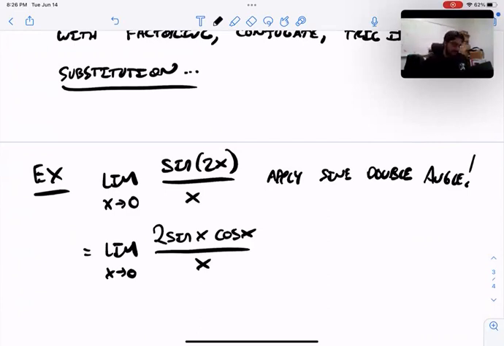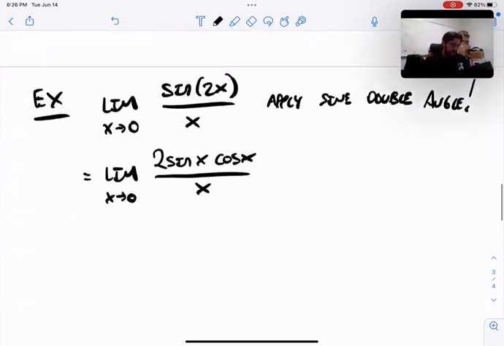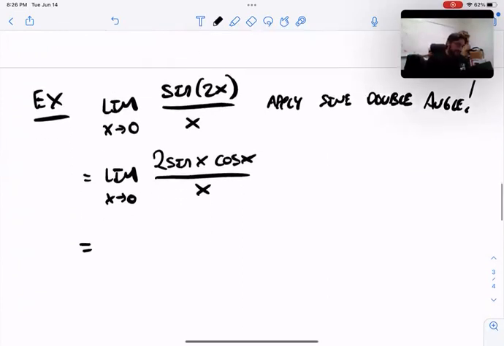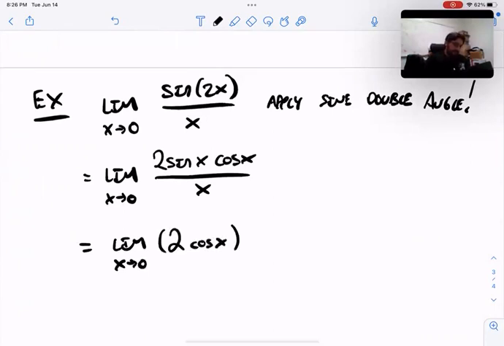Well, then what I could say next is that this actually puts me in a good position because now I have something that's very well behaved at 0. 2 times cosine, that's fine. There's nothing weird going on there, times the limit as x approaches 0 of sine x over x.